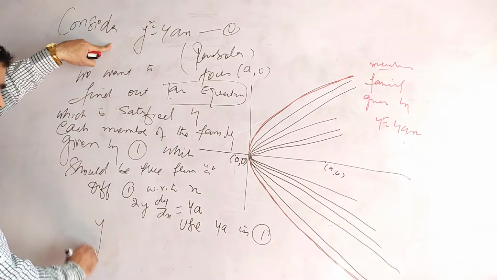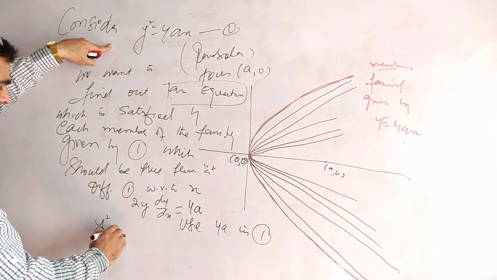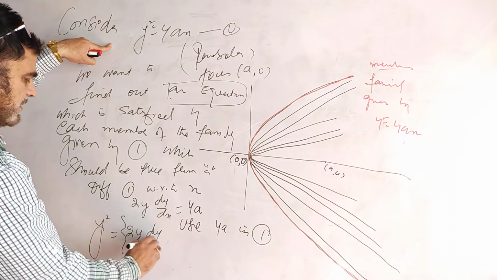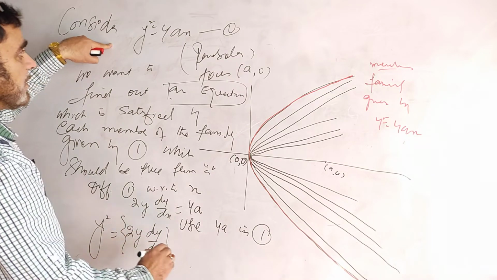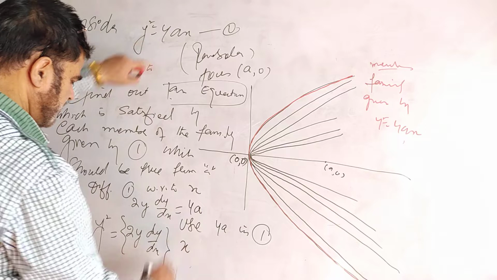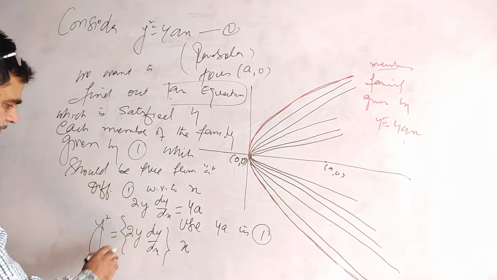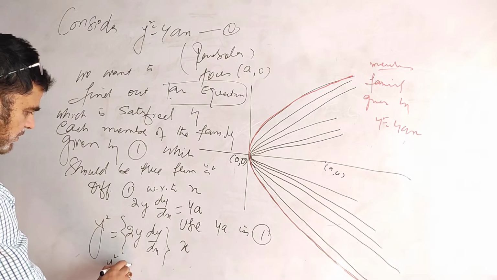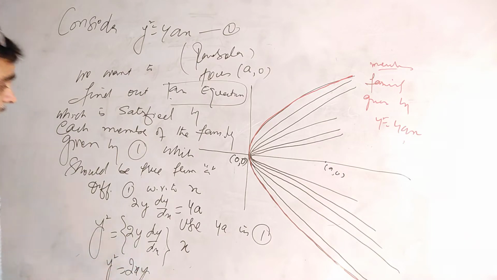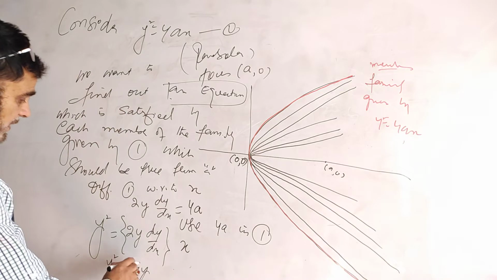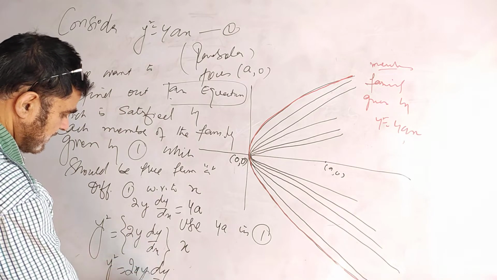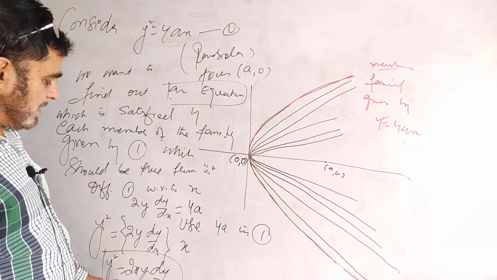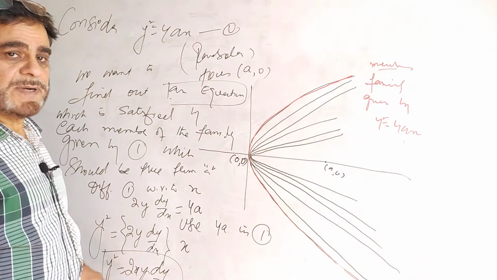You get y square is equal to 2y dy by dx into x. So y square is equal to 2xy dy by dx. This is the equation which is satisfied by each member.